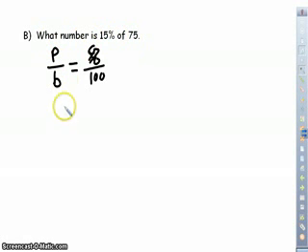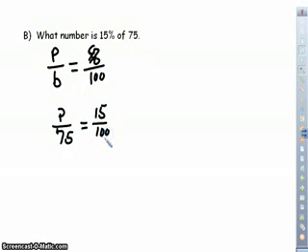That's the part. So we are trying to find P over the base, which is 75, equals 15 over 100. And again, you were writing it as 15, not 0.15, because it's over 100. So then we get 100p equals 75 times 15.